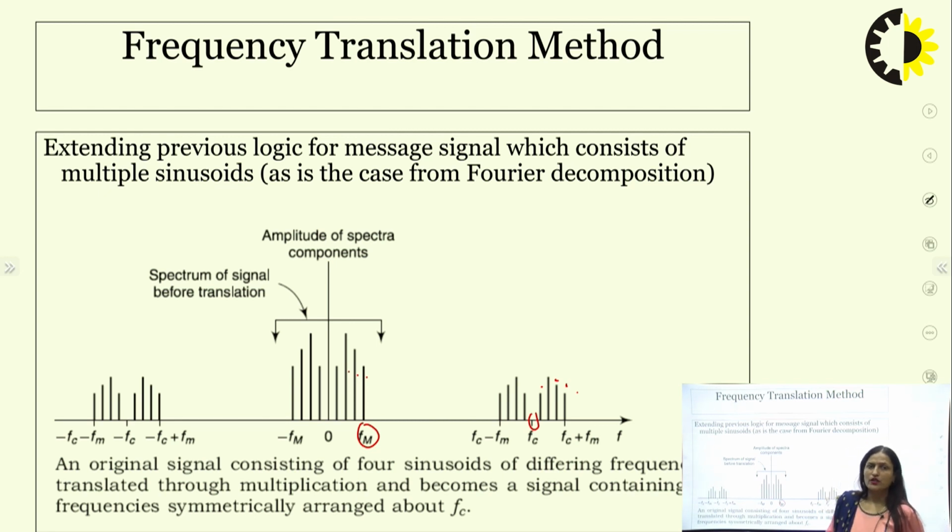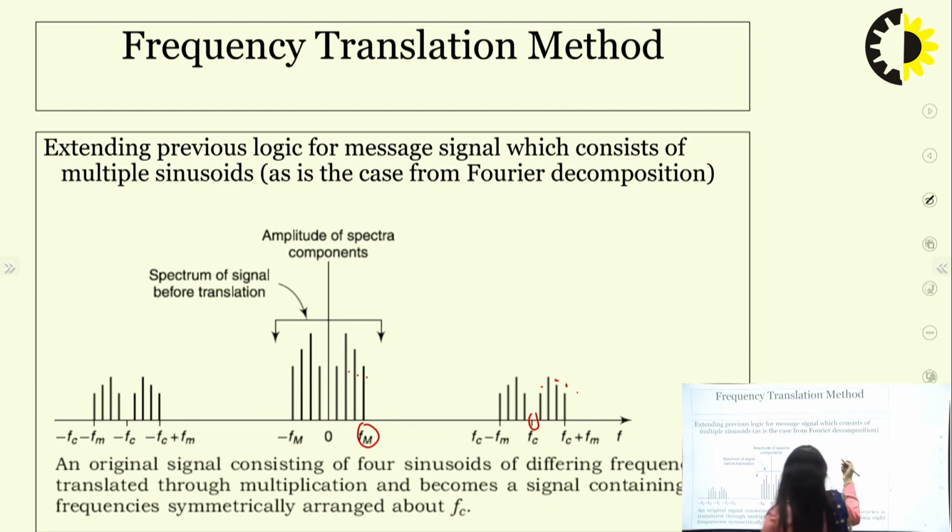Clear? So 4 components are converted into 8 components, 1 component is converted into 2 components. Or I can say the final frequency translated components are twice the message frequency components.